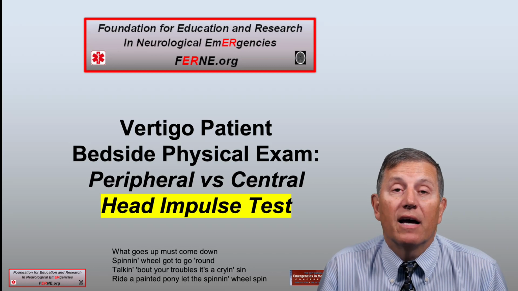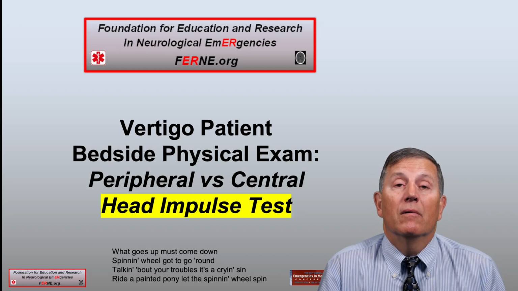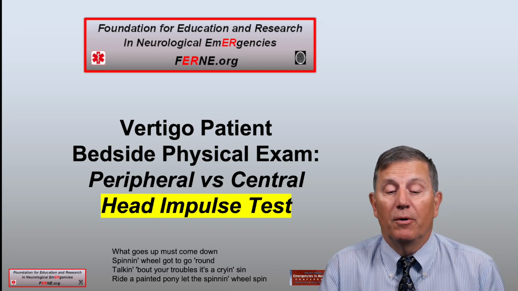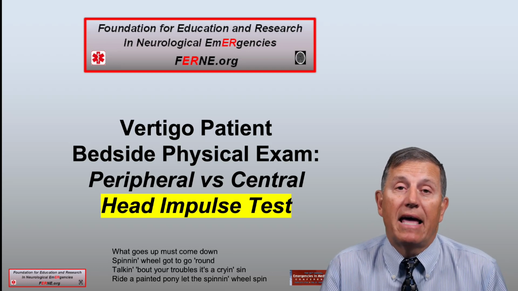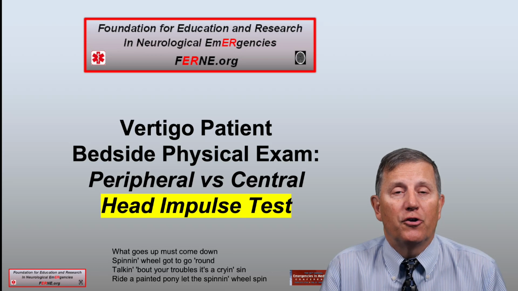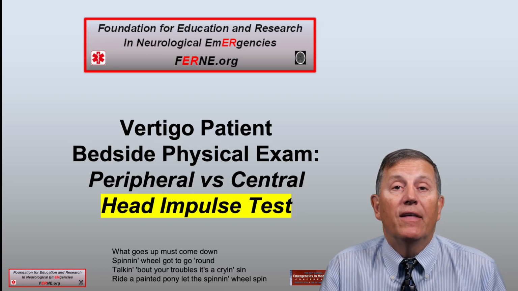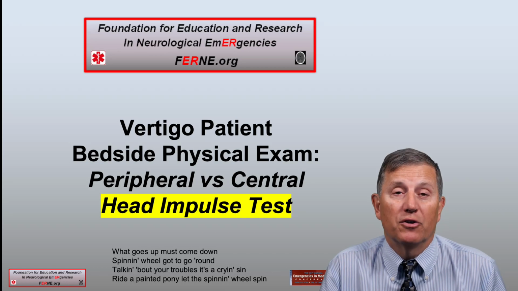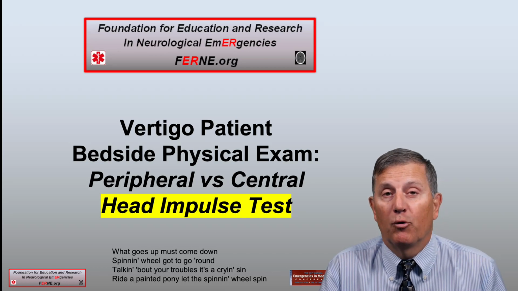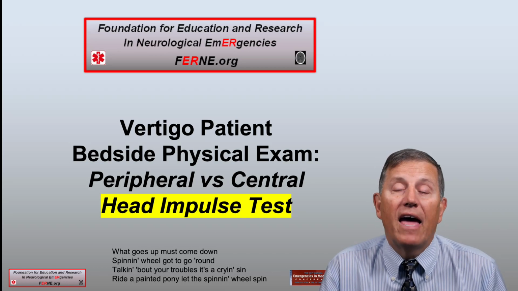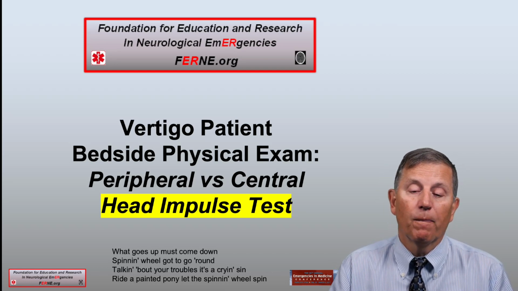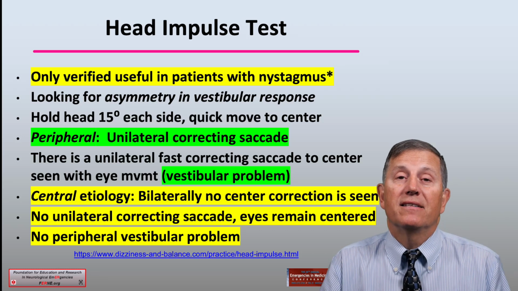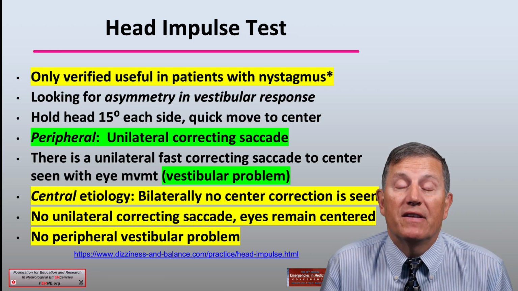Now that we've discussed nystagmus in acute vestibular syndrome patients, if there is horizontal nystagmus and you're trying to determine with some degree of certainty that the horizontal unidirectional nystagmus is due to a peripheral etiology, we then move on to the head impulse test. Again, this test is most useful in patients with nystagmus.